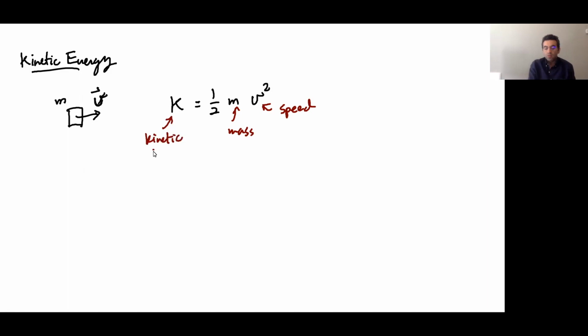So you can see the more massive the object, the bigger the kinetic energy. The faster the object is moving, the bigger its kinetic energy. Kinetic energy is basically a quantity that quantifies how much energy is associated with the motion of an object. And again, it's a scalar quantity, meaning that it has no direction, and its units is also joules.